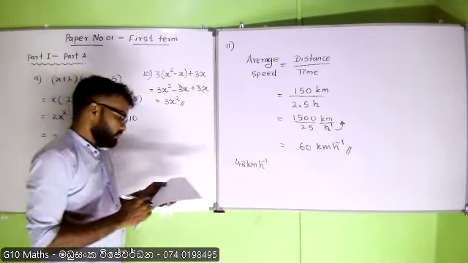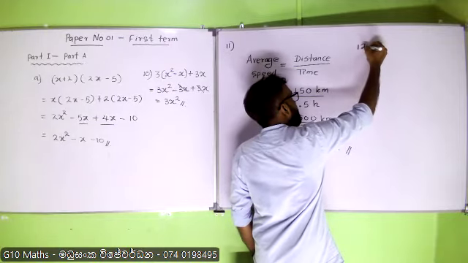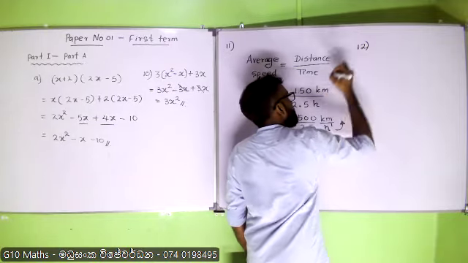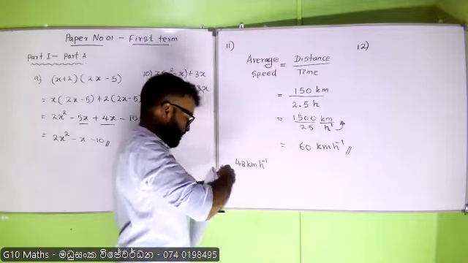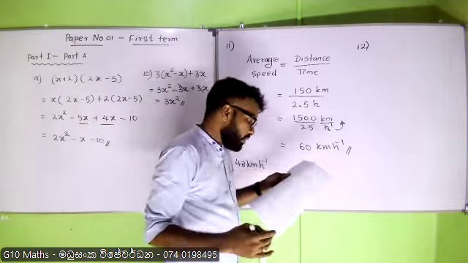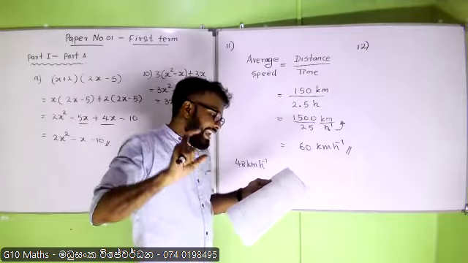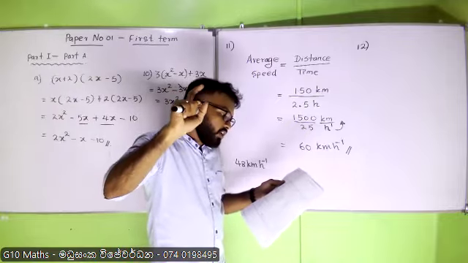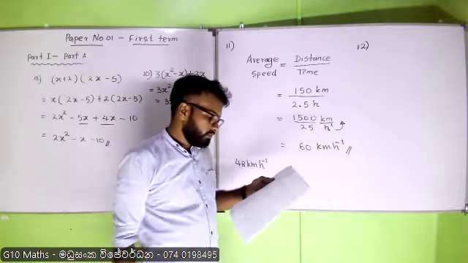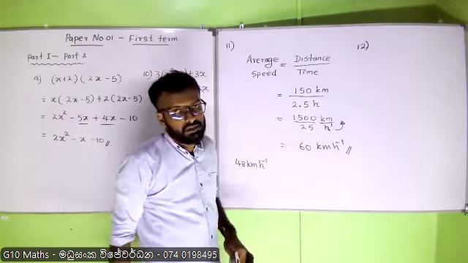Right. So 12th one. If a units is the perimeter of a small square, find the perimeter of the figure in terms of a units.